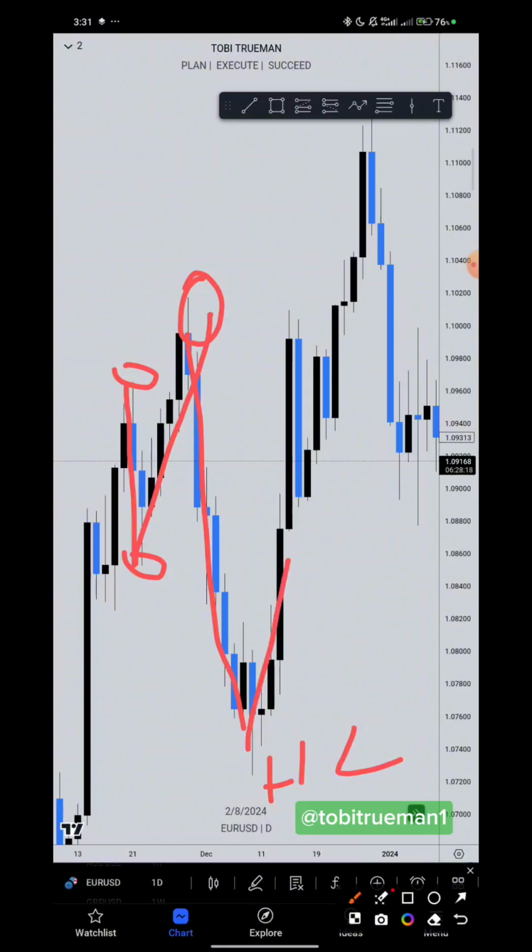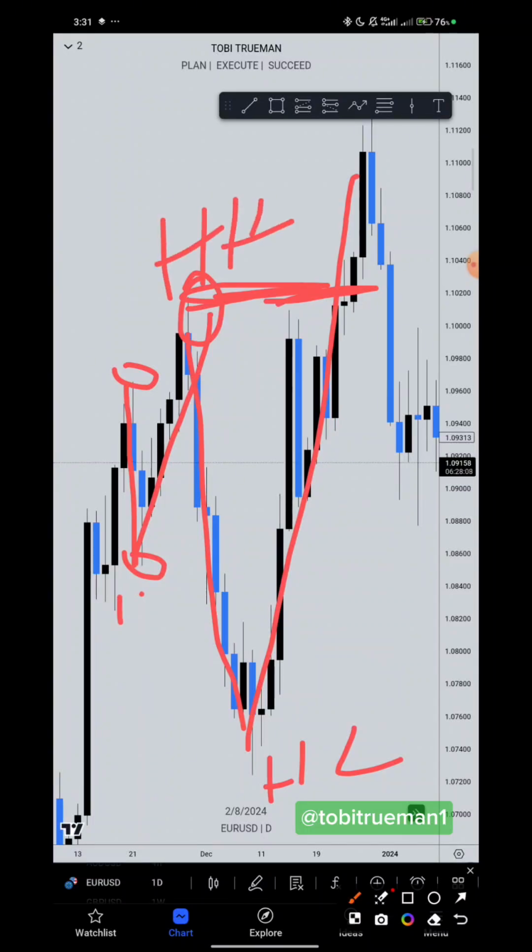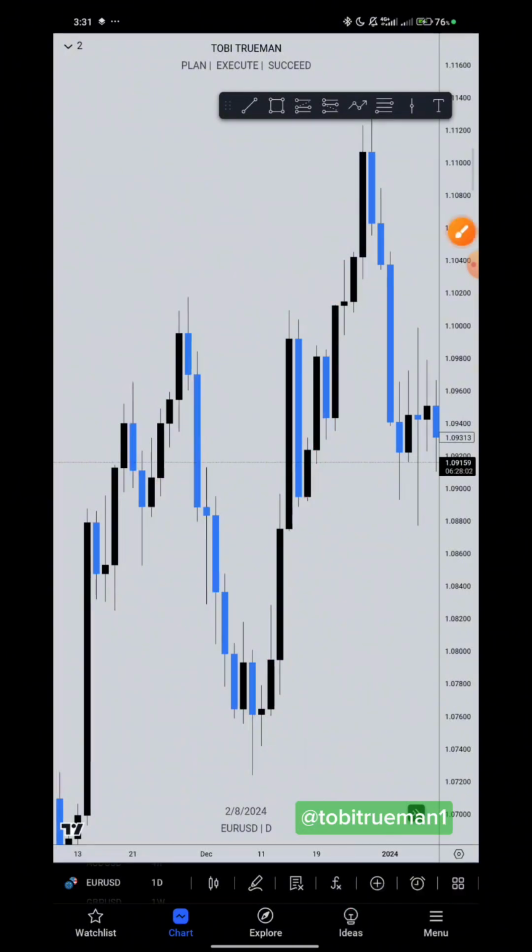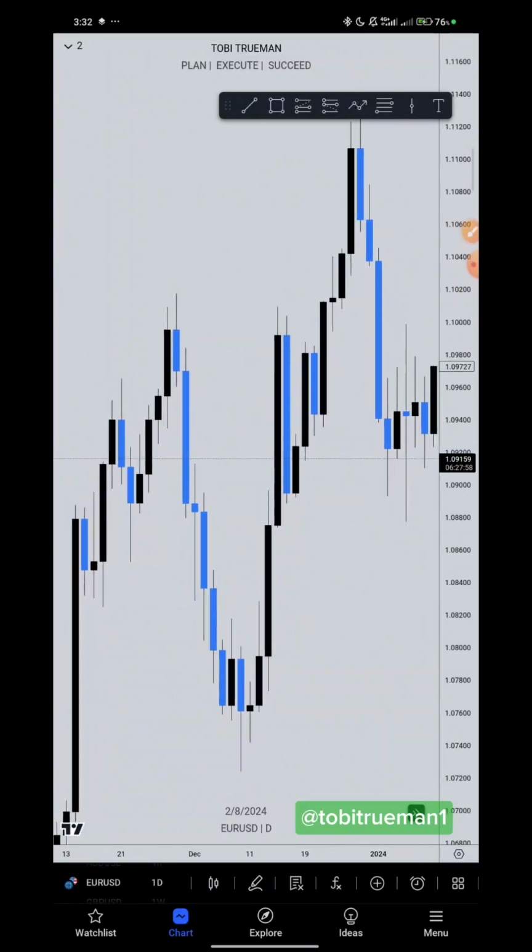Then this one came to take out this higher high. So this is higher high, higher low, higher high. Just like that, it is very easy. When we get to candlestick patterns and all of those things, you will understand it better. This is just an illustration for now.